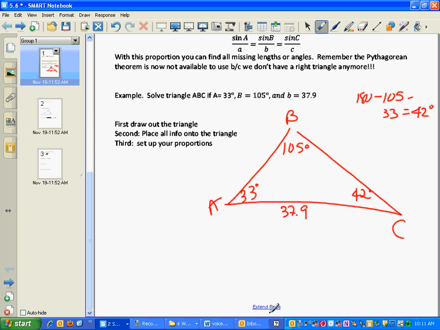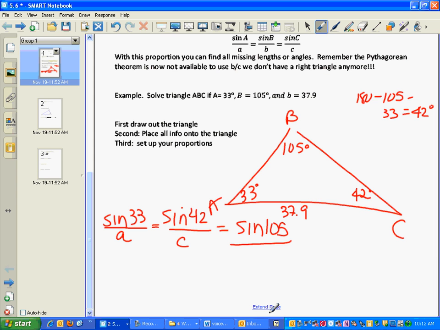So the proportions that we can write then is sine of 33 over side length A, which is not given, is equal to the sine of 42 over side length C, which is not given, and that's equal to the sine of 105 over the side length of B, which is 37.9.